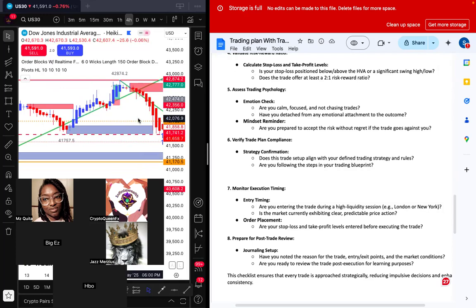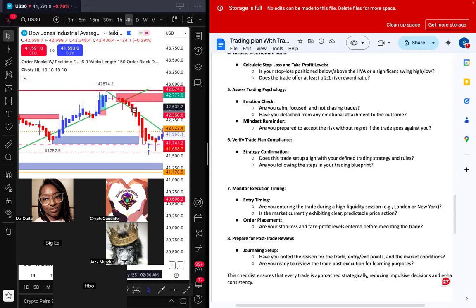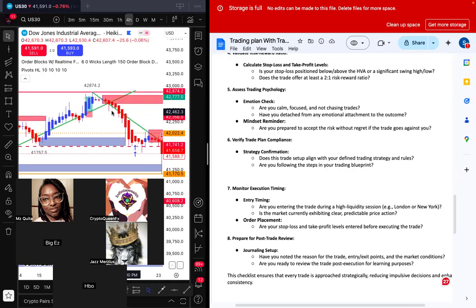So as long as you see it printing those candles on a higher time frame, the higher time frame rules. Forget what is happening on a lower time frame. If it's happening on a higher time frame, the lower time frame is basically playing catch up. So this is telling you that this is clear sell action when it's printing these flat bottoms with no wicks.